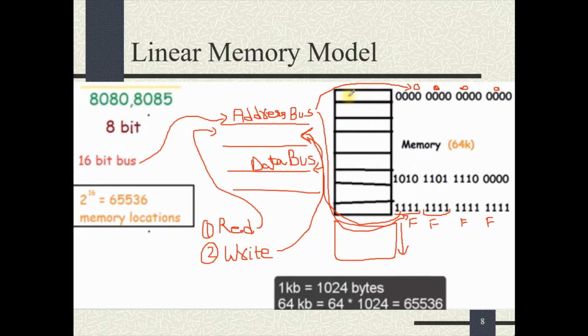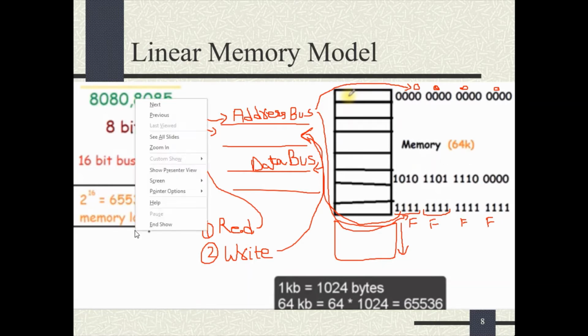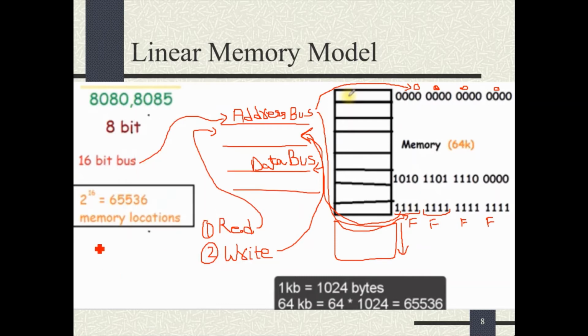Here the maximum memory locations are 2 raised to power 16, which is 65536, which leads to 64K. And 64K means 64 into 1024. So the maximum capacity of the memory is 64K, which is 64 into 1024. This is the disadvantage of the linear memory model.